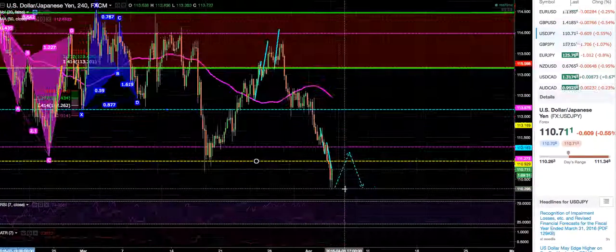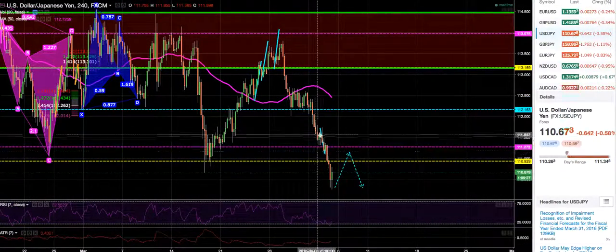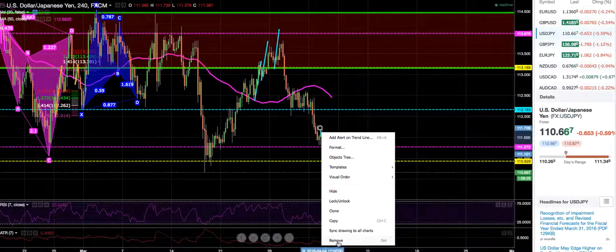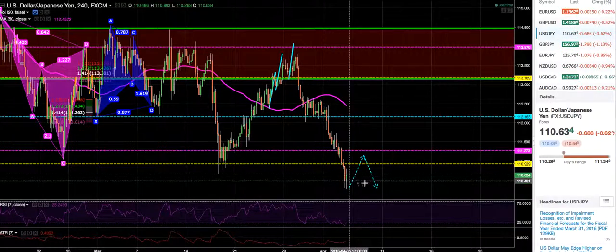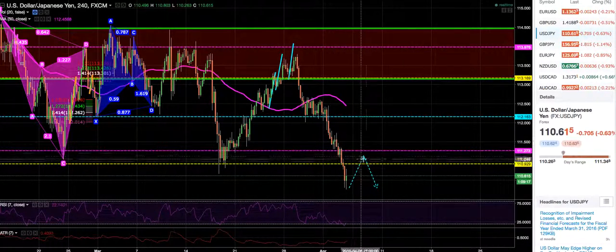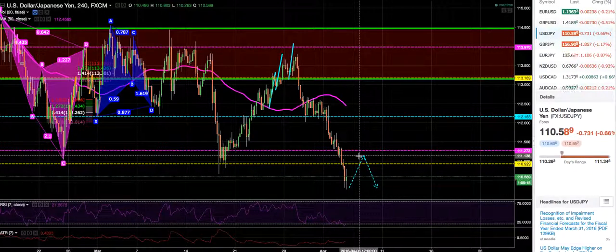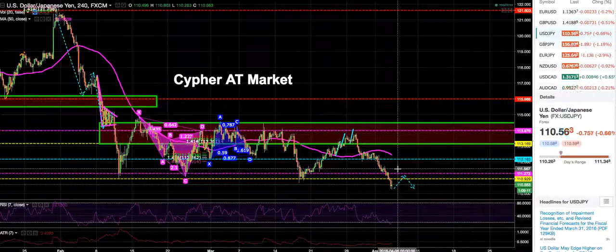So what I believe will happen, and actually, let me remove this, and it is beginning to happen, is that I think the market will push up into this level right here and continue. This is a simple trend continuation trade.